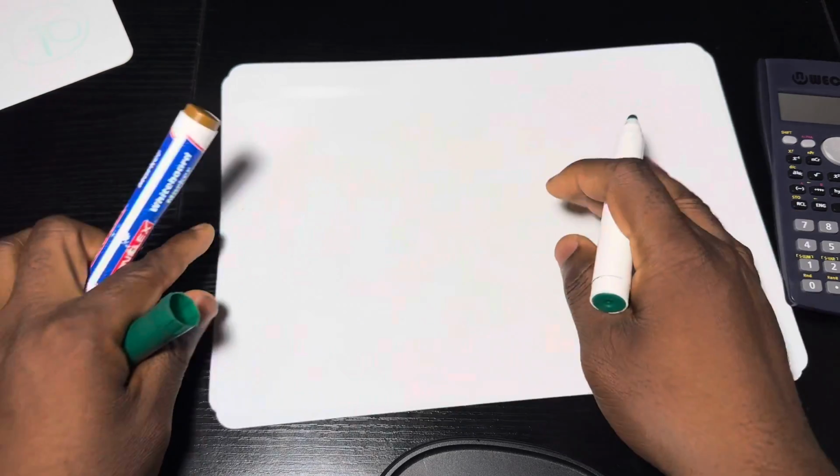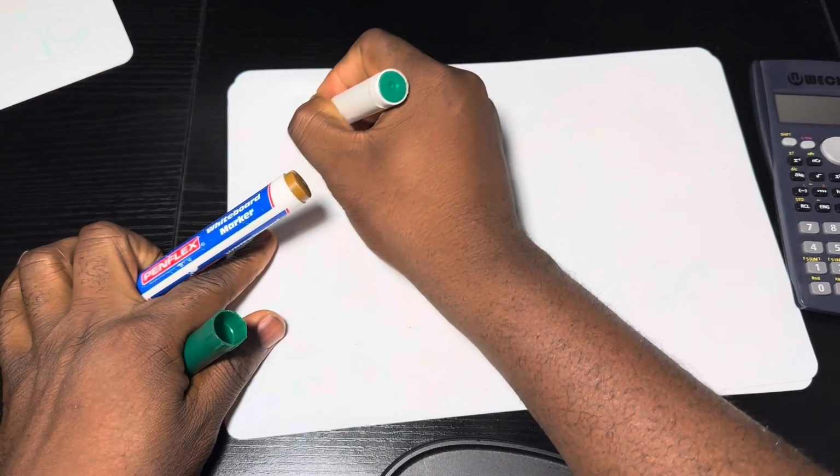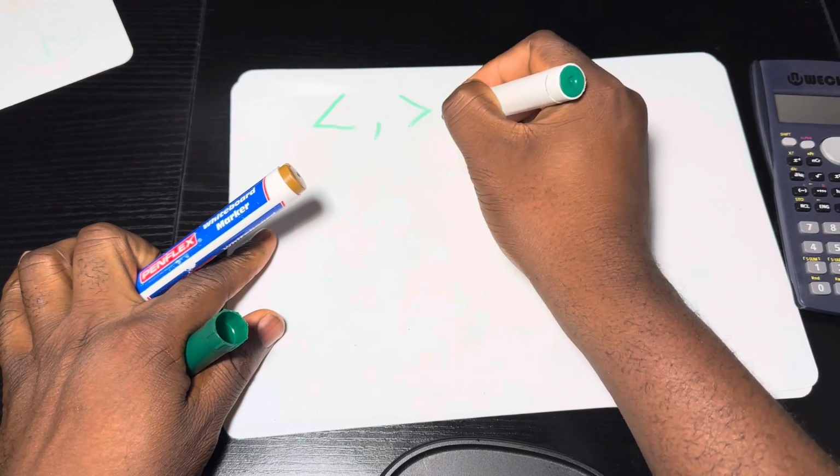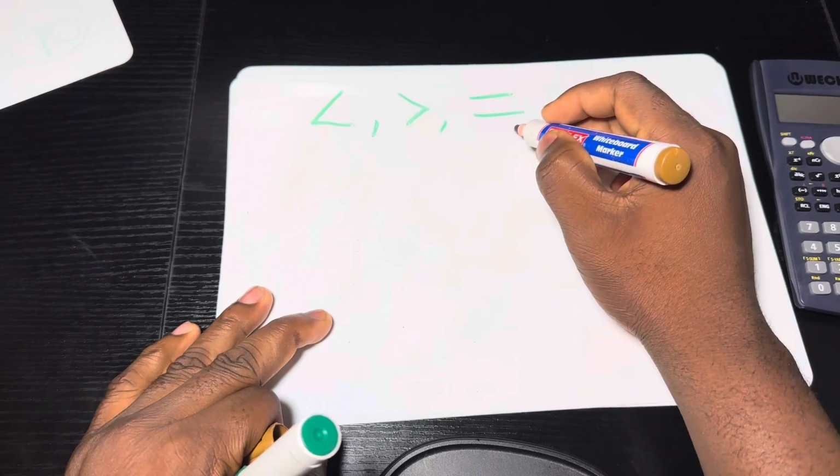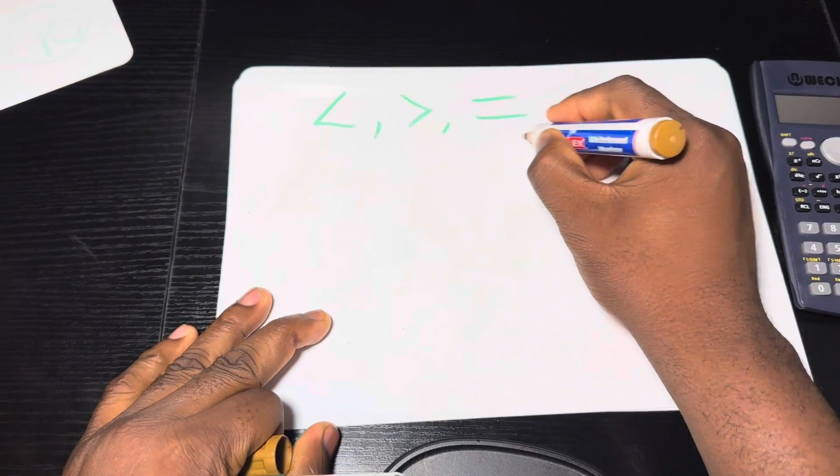So in this video we're going to look at comparing fractions, how to compare two fractions. We're going to use the two crocodile signs and the equal sign to compare fractions. So we have that, and that. With the first one, we use this if the two fractions are equal.